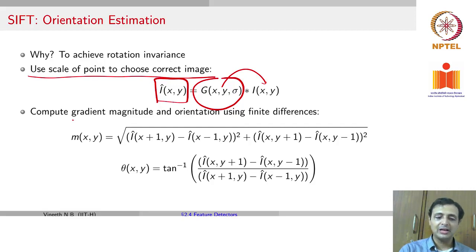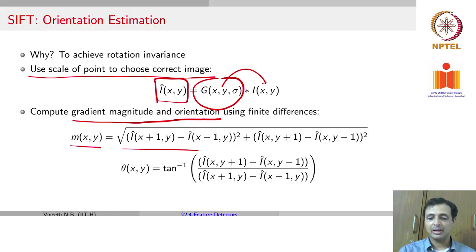Now you compute the gradient magnitude and orientation using a simple finite differences method for the I hat image. So you would have m of every point, which is your gradient magnitude at every point, given by simply the square root of the gradient in the x direction squared plus the gradient in the y direction squared.